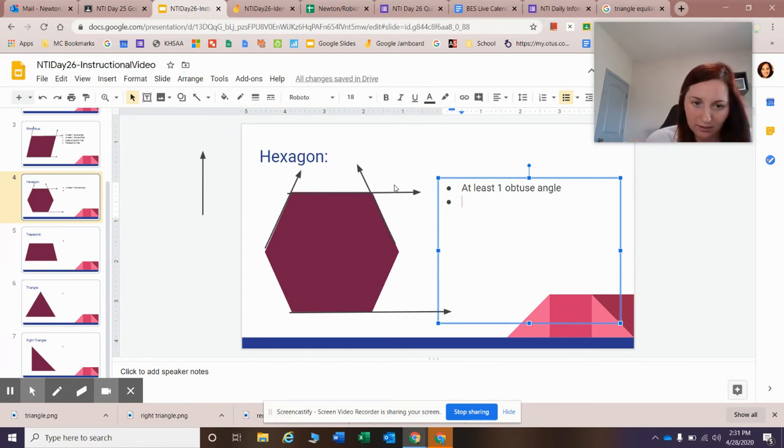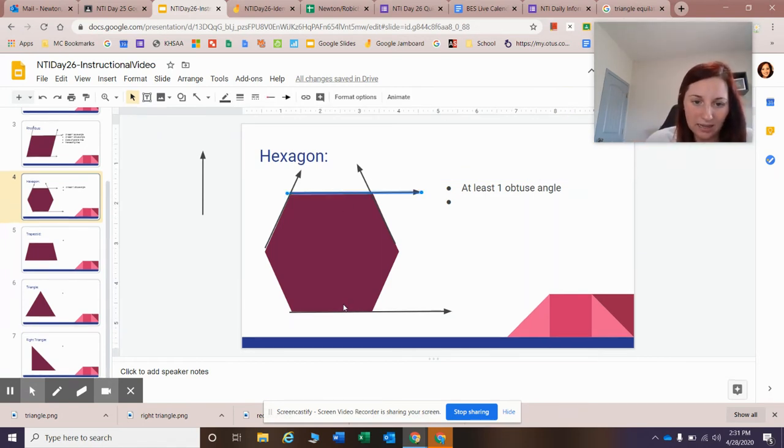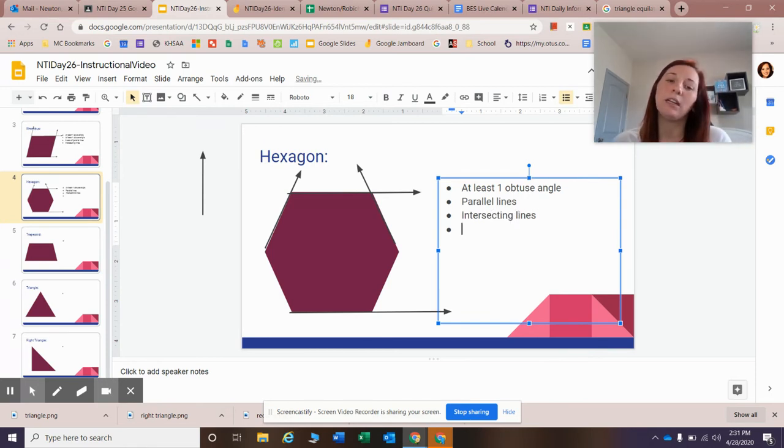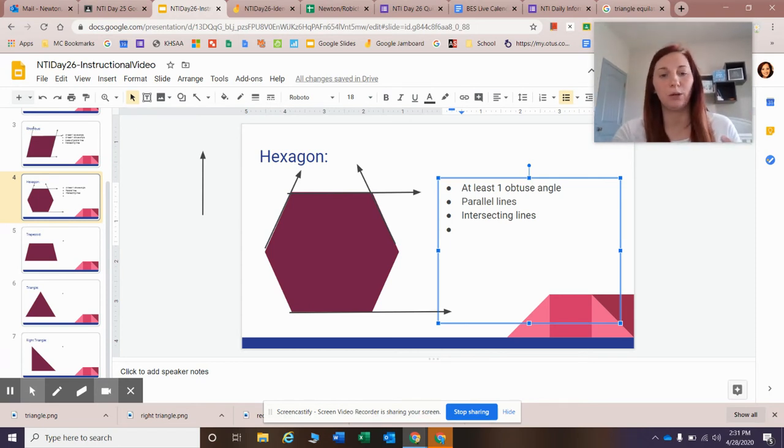I do see a set of parallel lines. This line and this line are parallel. Intersecting lines. We definitely see intersecting lines because we know that we have an acute or an obtuse angle. And then perpendicular lines. If we don't have a right angle, we do not have perpendicular lines. Those two go hand in hand. If you write right angle as an attribute, you have to have perpendicular lines as an attribute as well.